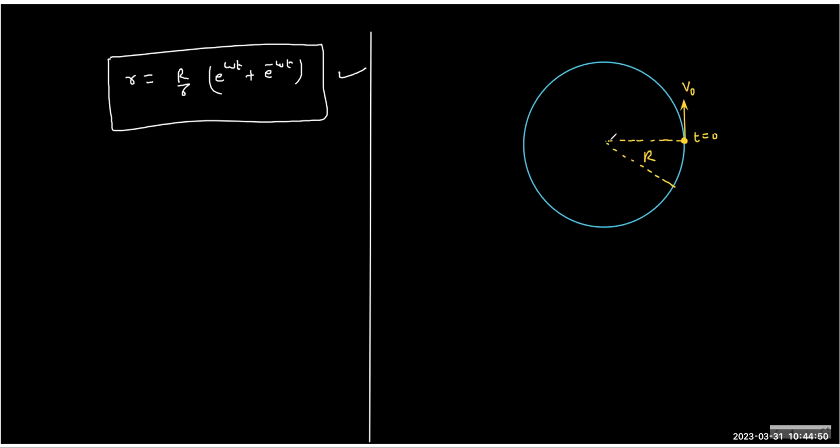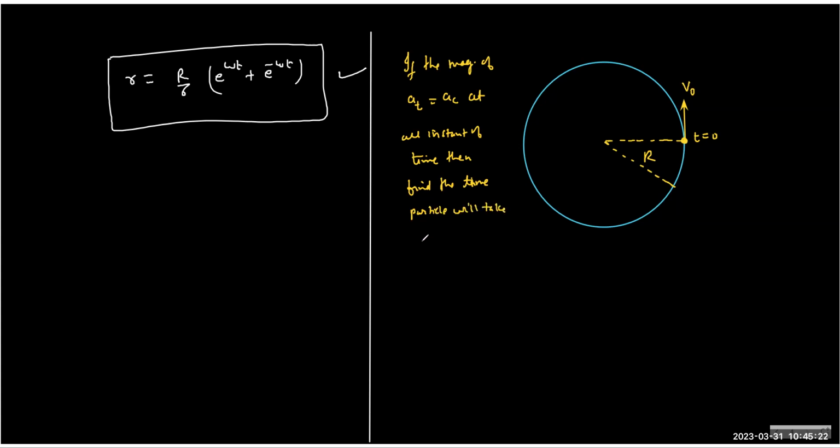The question is, if the magnitude of AT is equal to AC at every instant of time, then find the time the particle will take to complete one revolution.